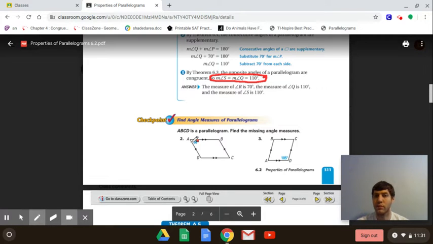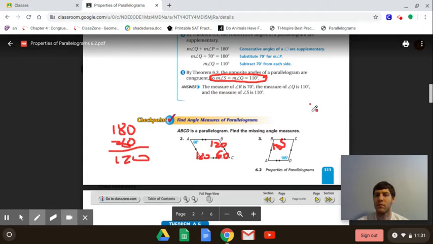So across from A is C, so that's going to be 60. Okay, and then these are consecutive, so if we do 180 minus 60, we're going to have 120. So these are going to be 120, and then across from it is B, so that's also 120. Okay, across from D is B, so that's also going to be 105.